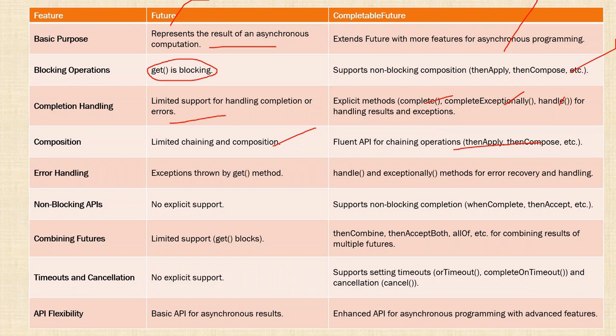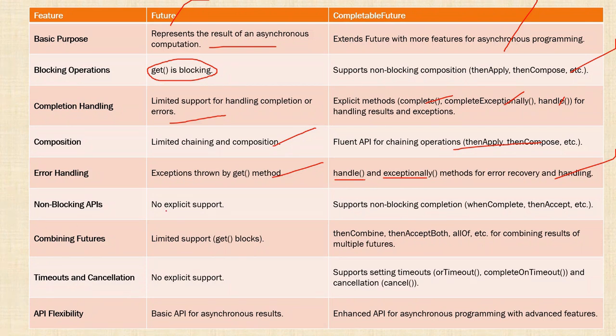For error handling, the get method throws the exception, and handle and exceptionally methods are for error recovery and handling. With the help of exceptionally and handle we can handle exceptions.